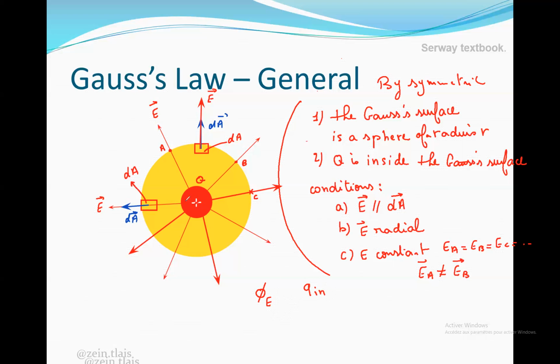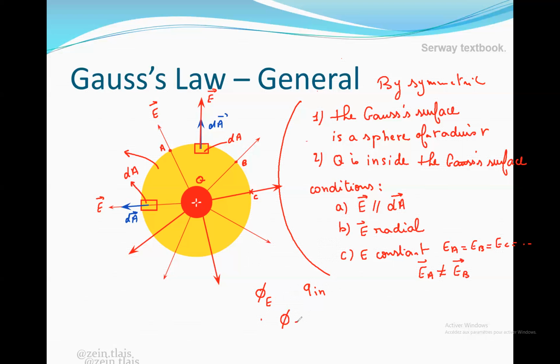In this case, you have Q inside the Gauss's surface. We can say in this case Qn equals Q. Maybe you have other cases where Qn is different from Q. We can talk about this later. What is the relation between these two quantities?